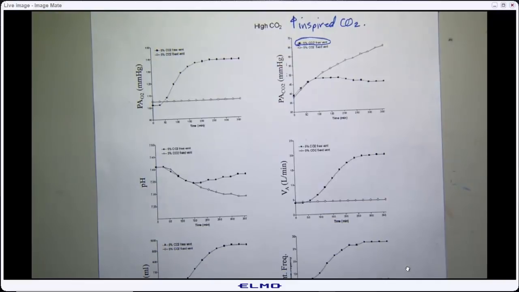So then how is the body perturbed here? How would you work your way through that? Increased inspired CO2. What's that going to change about anything?